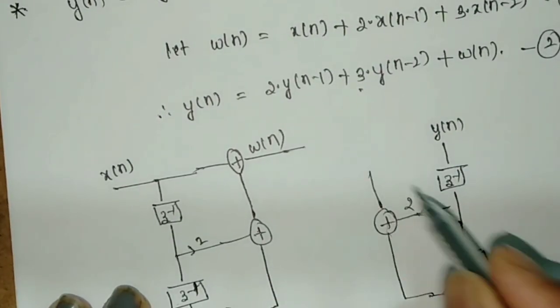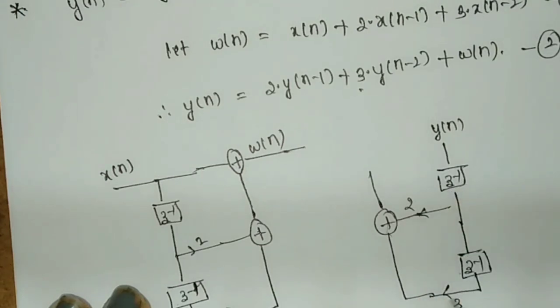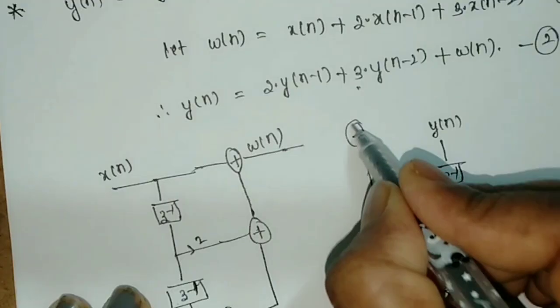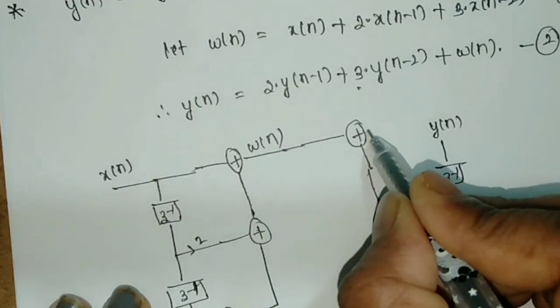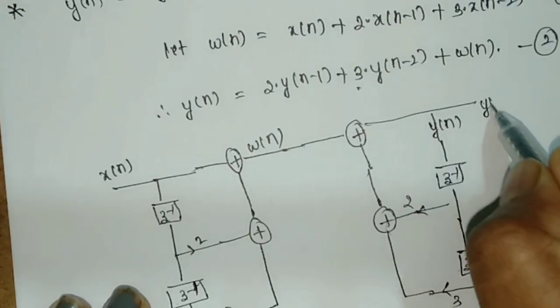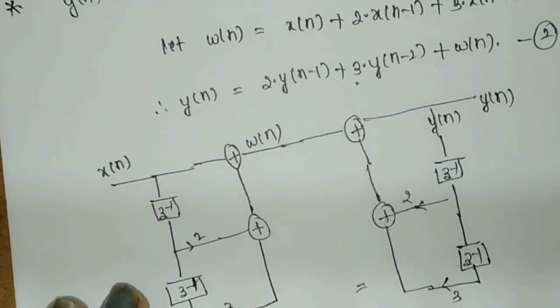So this will be equal to 2 into y of n minus 1 plus 3 into y of n minus 2, which is given to w of n. Okay, these two are leading to y of n. So this is the direct form 1 structure.